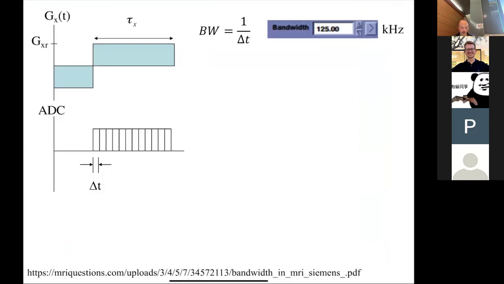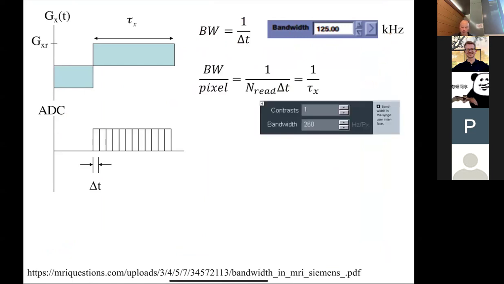Just to remind you, different manufacturers have different definitions of bandwidth. For example, GE defines bandwidth as 1 over delta t. So here, the example bandwidth is set at 125 kilohertz. Siemens defines it as bandwidth per pixel, or hertz per pixel.